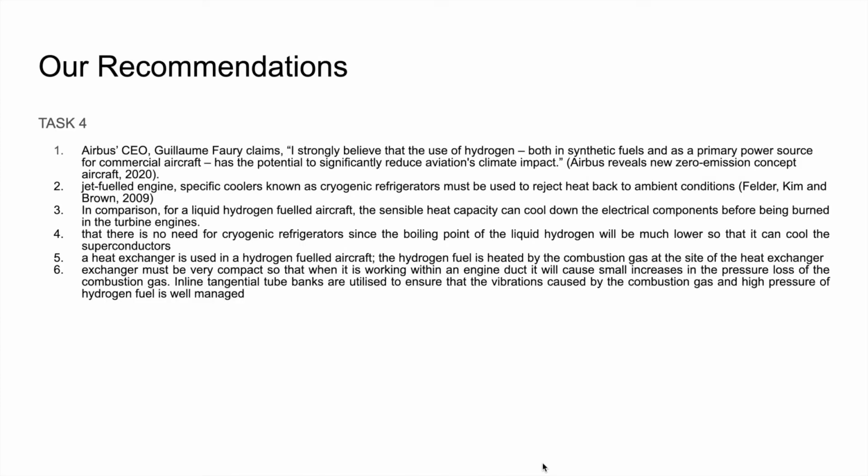The first one is a quote from the CEO of Airbus saying that he strongly believes in the use of hydrogen as a primary power source for aircraft. Also, in number 5, we can see that a heat exchanger is used in a hydrogen-fueled aircraft, and the hydrogen fuel is heated by combustion gas at the heat exchanger, which is a bit different from conventional engines. Also, the exchanger must be very compact within the engine duct.